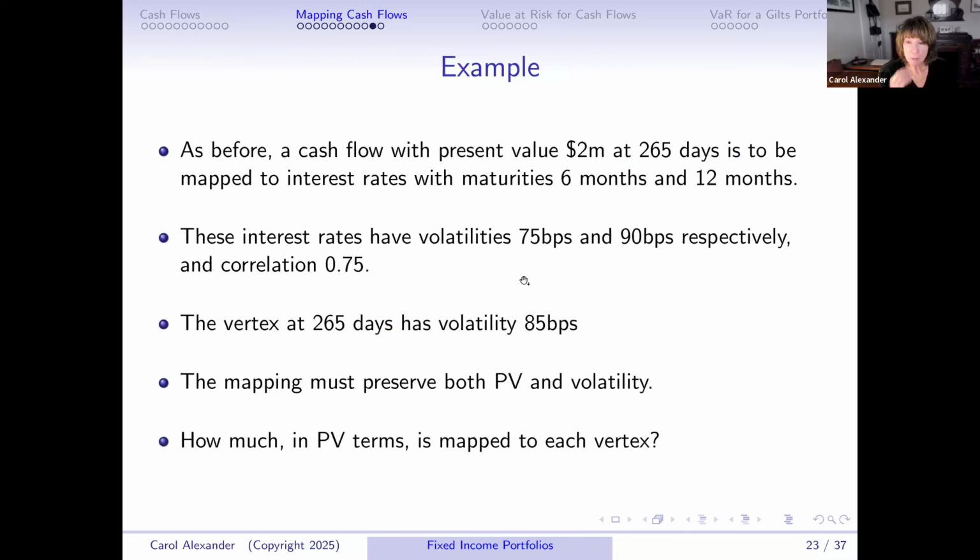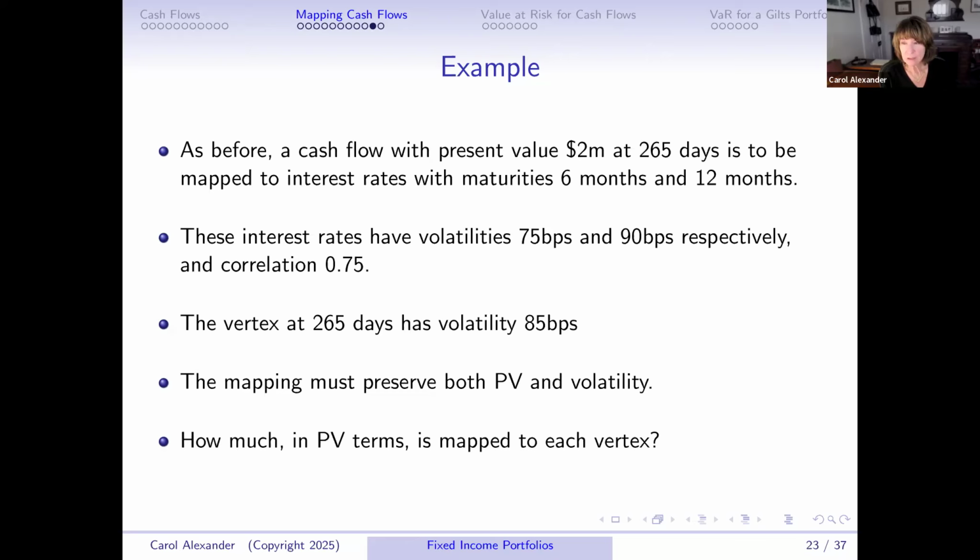So I'm going to set this example up in the workbook. You've got a cash flow, present value xi is 2 million. Ti is 265 over 365, because it's always measured in years. T1 is 0.5, T2 is 1 in years. And we've got sigma 1 and sigma 2 are 75 basis points and 90 basis points.